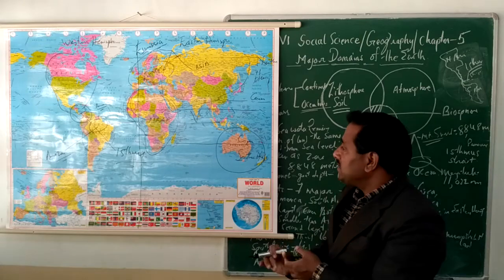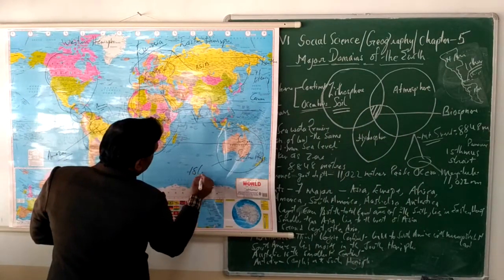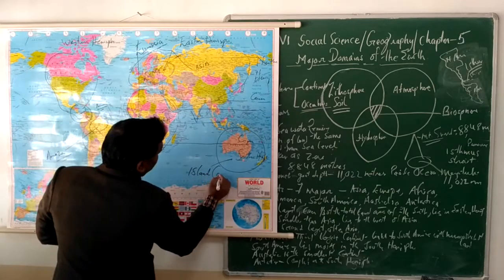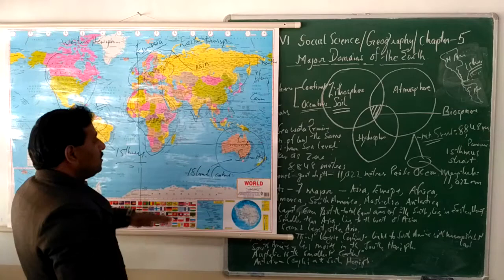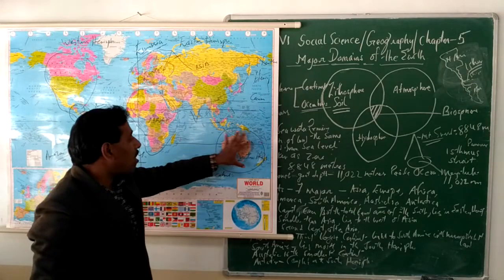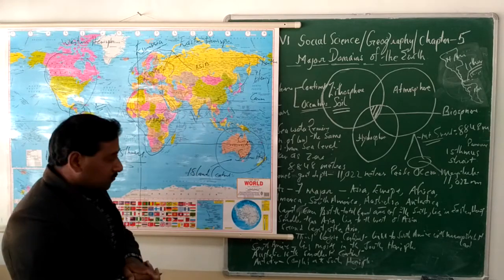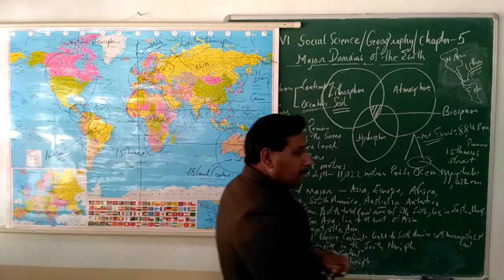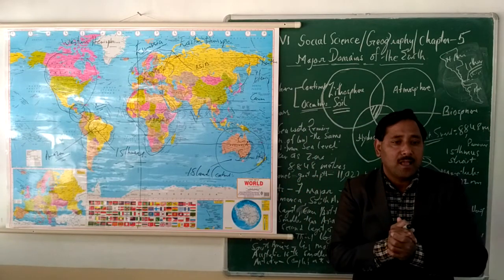It is known as an island continent. So Australia, the smallest one, bounded on all sides by water bodies, we call an island continent. Now, this was about Australia.